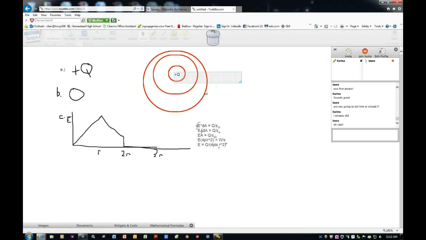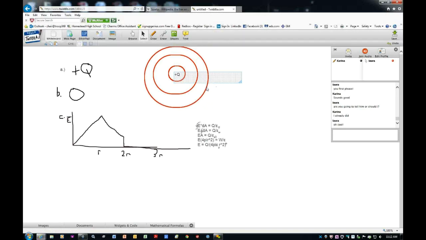If this were a conductor, you're absolutely right that the charges could move. So there's a positive Q here, and so the negative Qs would move near it.